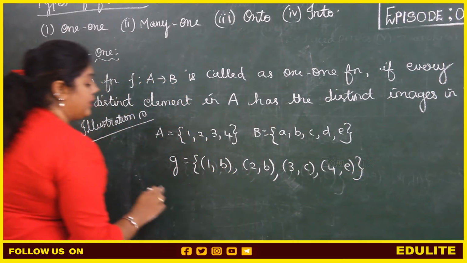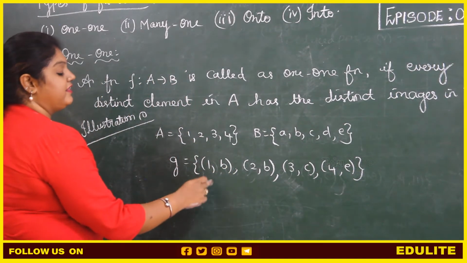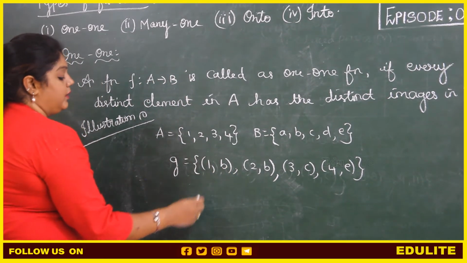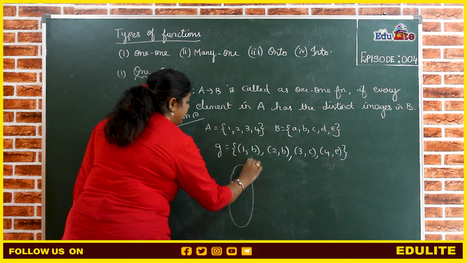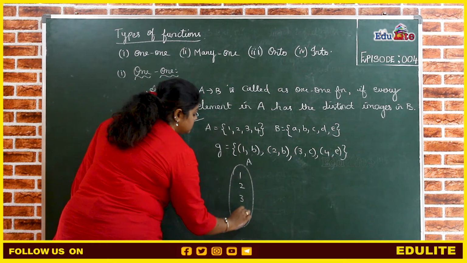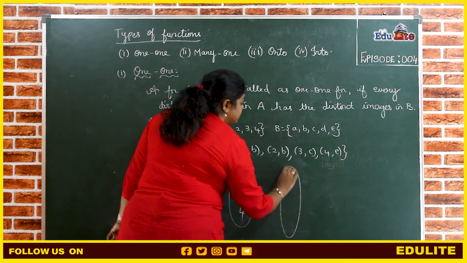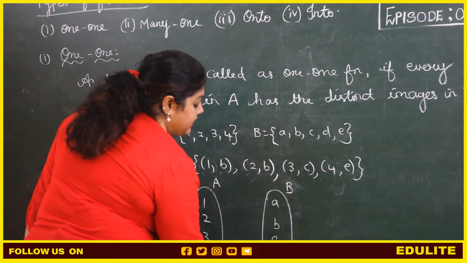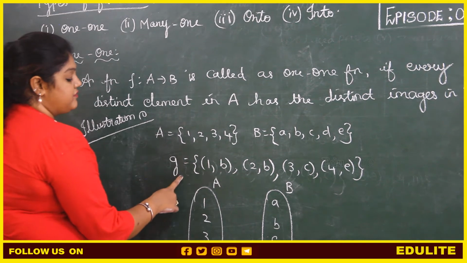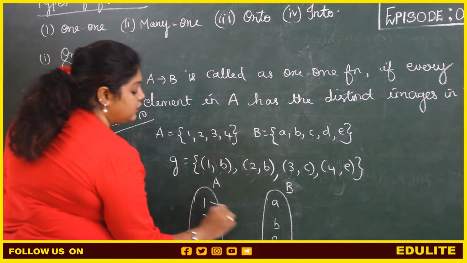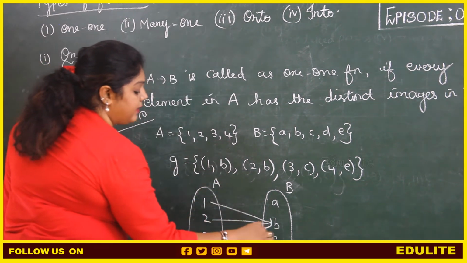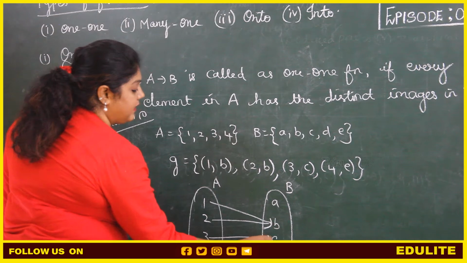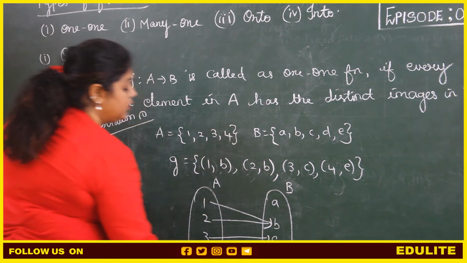We will consider one more function g, whether it is one-to-one or not. Set A is given as 1, 2, 3, 4 and set B is given as a, b, c, d, e. We will map according to the given function g. 1 is mapped to b, 2 is also mapped to b, 3 is mapped to c, 4 is mapped to e.